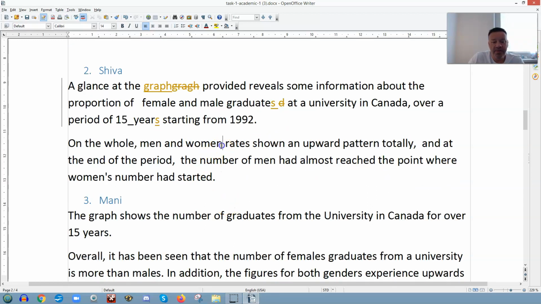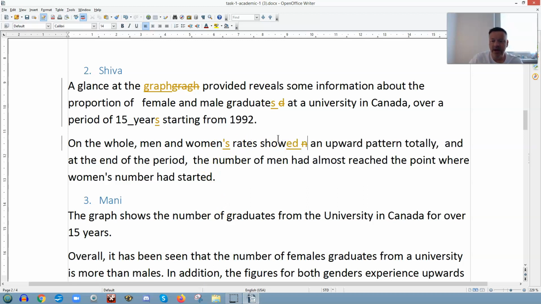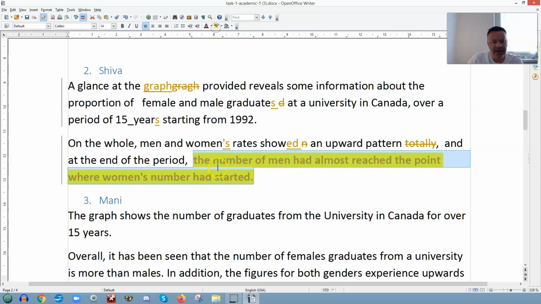On the whole, men and women's rates showed an upward pattern totally. I don't know why you've got that adverb there. And at the end of the period, the number of men had almost reached the point where women's number had started. I'm not quite sure what that is supposed to mean. That's not very clear. Okay.